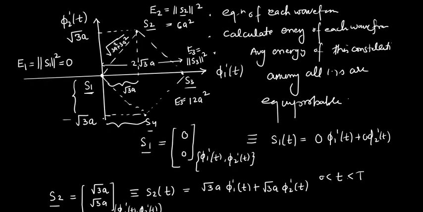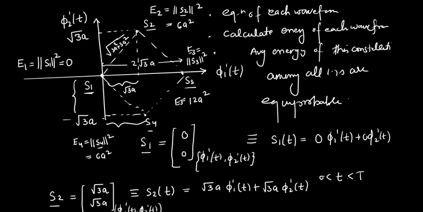Similarly, you can find the energy of the 4th waveform, which is the same as S2, because of symmetry. Distance of S4 from origin is same as distance of S2 from origin. You can say it by symmetry or by looking at the figure: 6a square, correct?